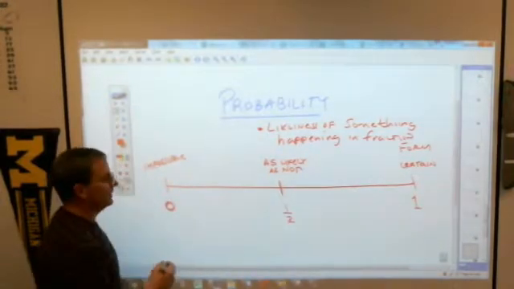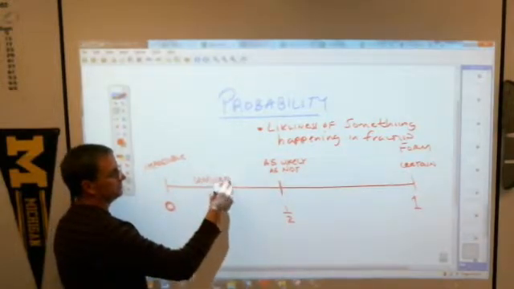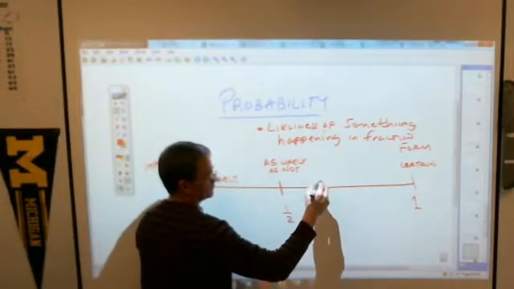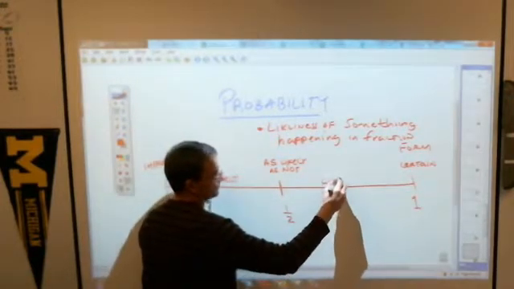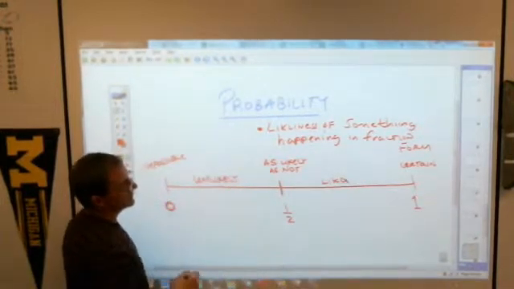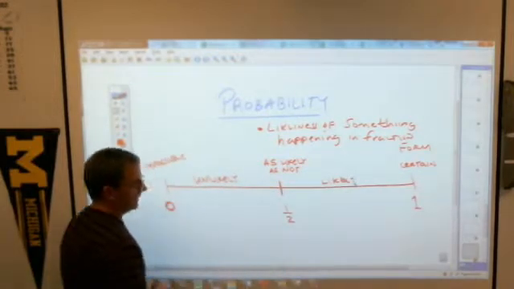And if it's less than 1/2, it's kind of unlikely. If it's more than half, it is likely. Likely to happen.